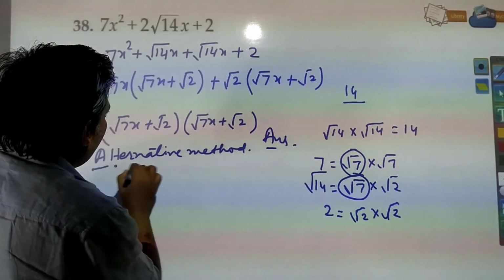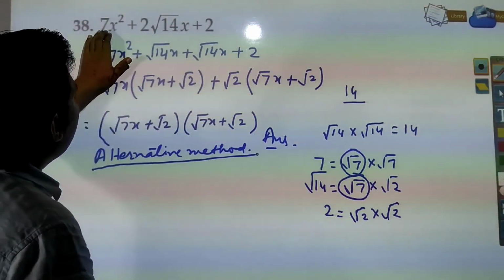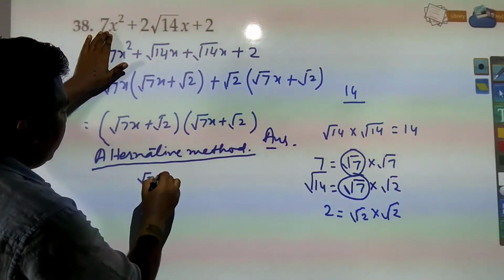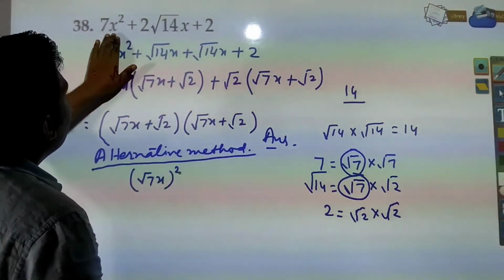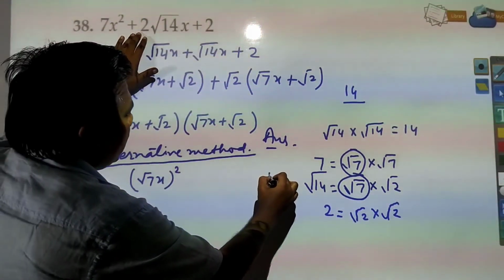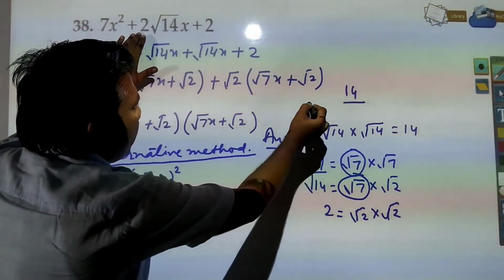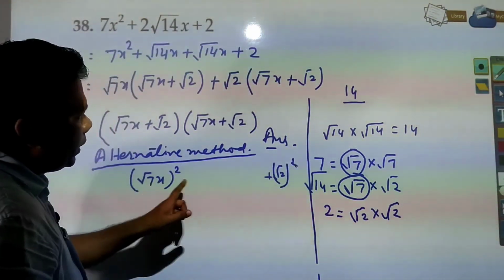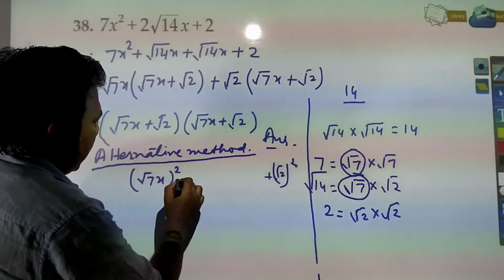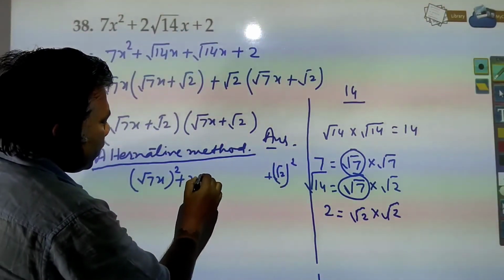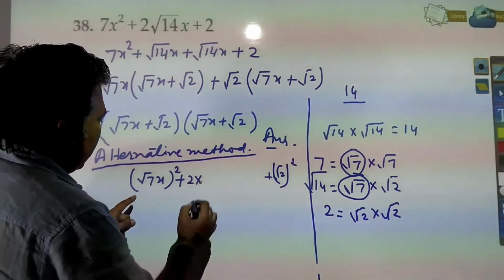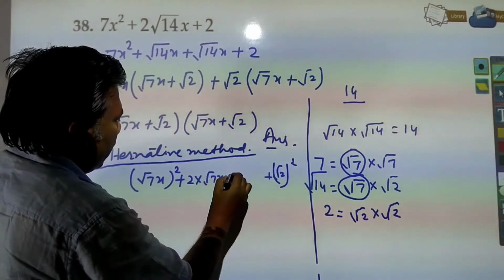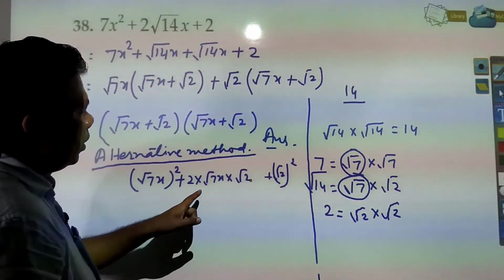Some alternative method is also there. Here you see what could be done. This could be written as root 7x whole square plus root 2 square. Now you see a square plus b square, and here you could write 2 into a into b. Now what you will get?